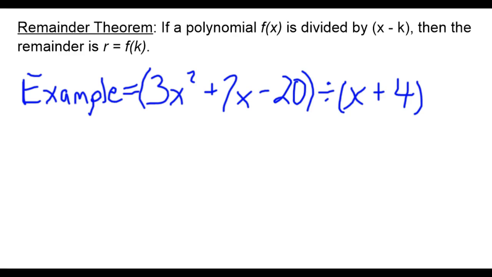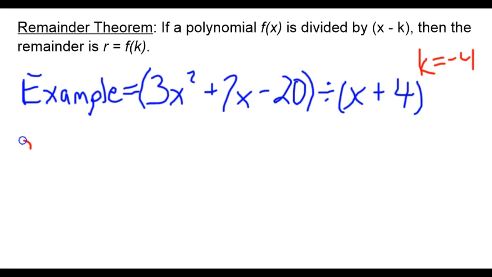So if we're taking our polynomial, in this case f of x would be equal to 3x squared plus 7x minus 20. We're dividing that by x plus 4. So notice in our theorem definition, it's x minus k. So if this is a positive 4, we need to think of our k value as k being equal to negative 4.